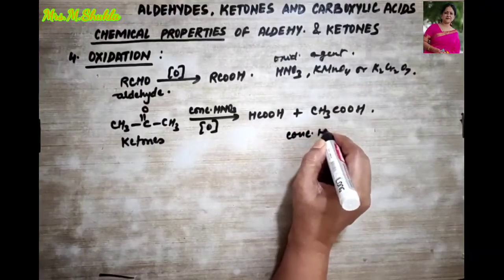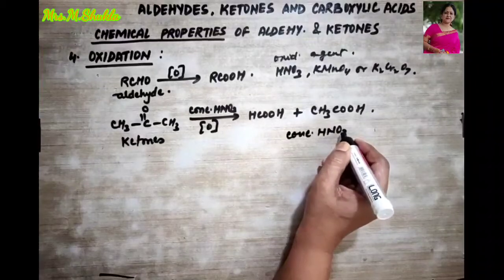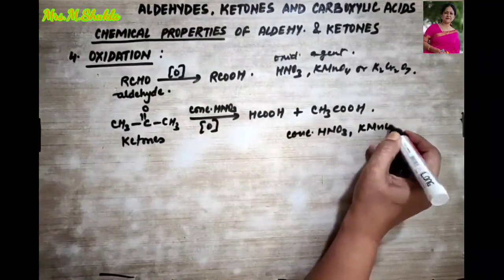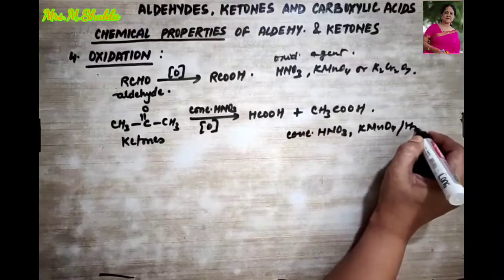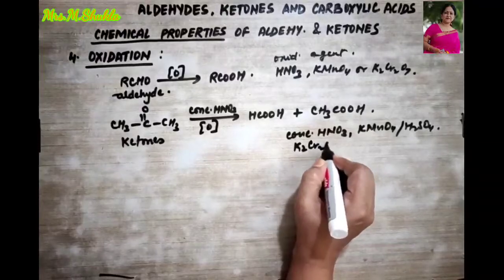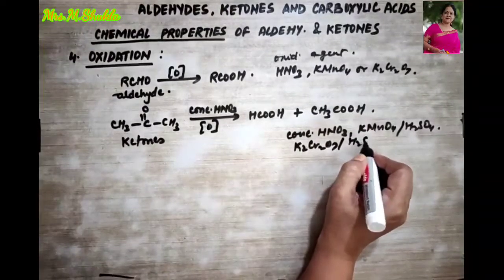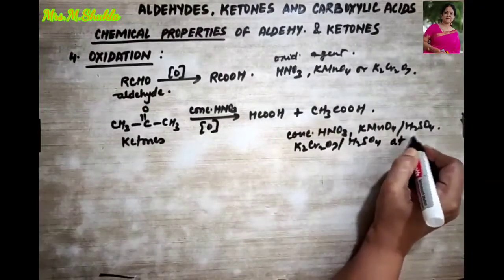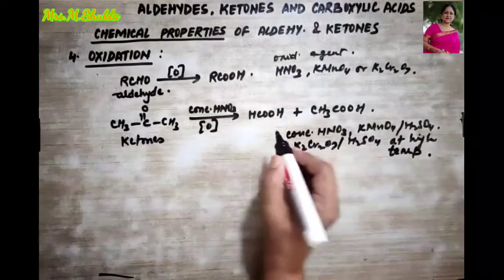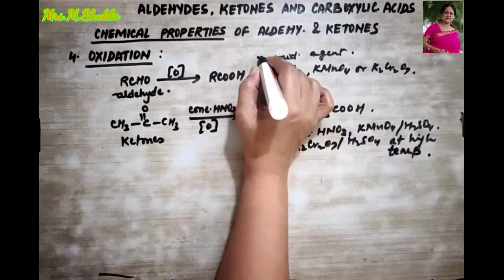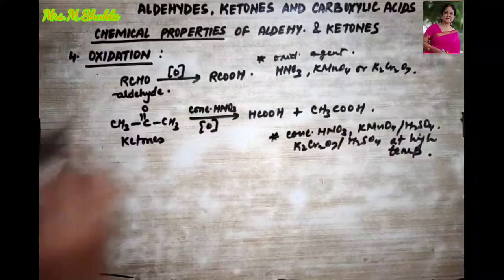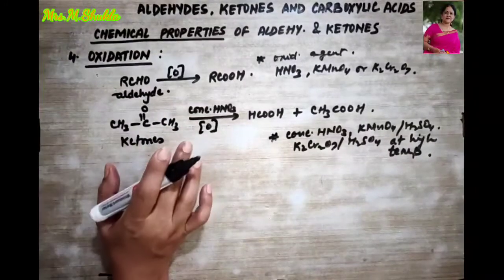They could be concentrated HNO3, or maybe KMnO4 in H2SO4, or maybe even K2Cr2O7 in H2SO4 at high temperatures. Okay, so these are the oxidizing agents for the respective aldehydes and ketones, right?